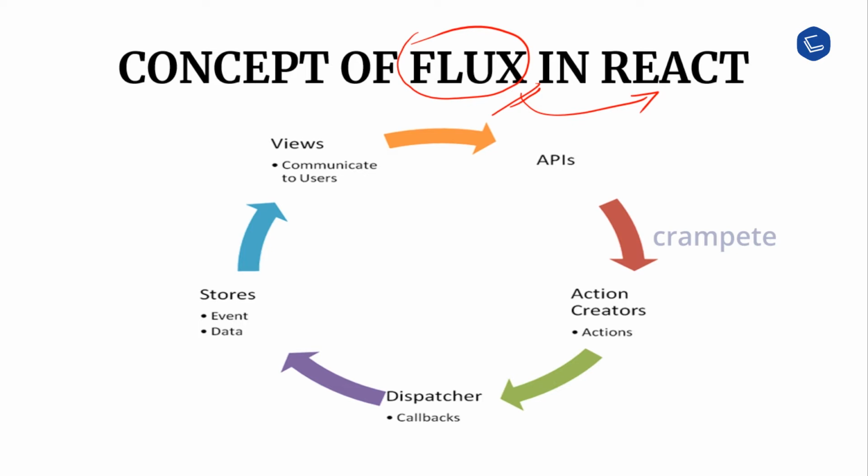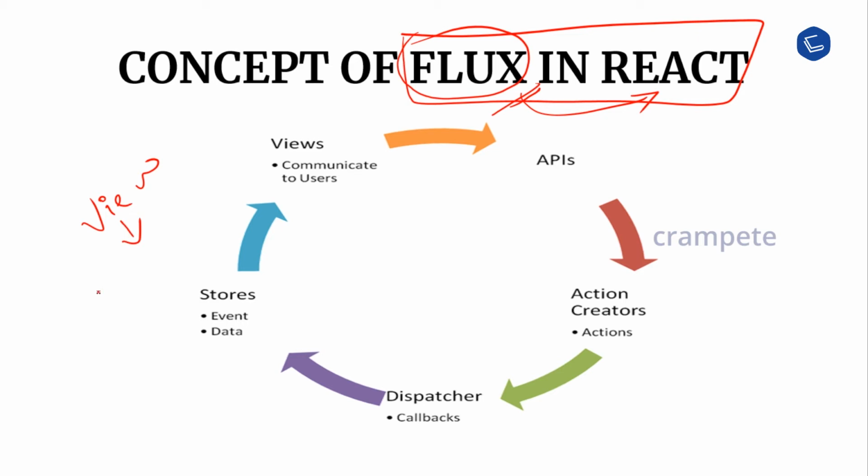So Flux in React is known for its efficiency. It is a kind of architecture that complements React as a view that follows unidirectional data. That is, one-way data binding.